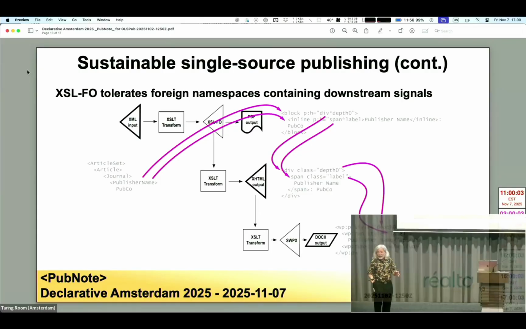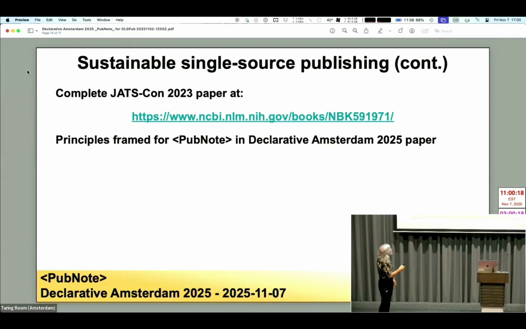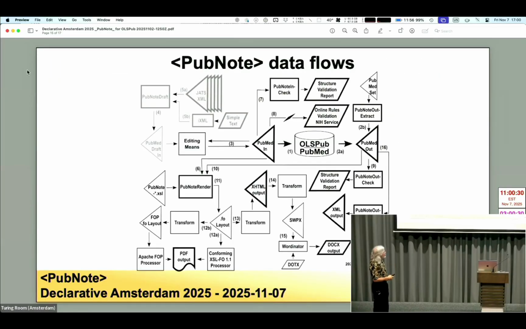And because PubMed is small, I can do an open source implementation of the entire PubMed metadata vocabulary in this chain and make that tool available for free download. Now, the complete paper talking about JATS and all of that is there from JATS-Con, but in the version of the paper that I've written here, it's all framed for PubNote.